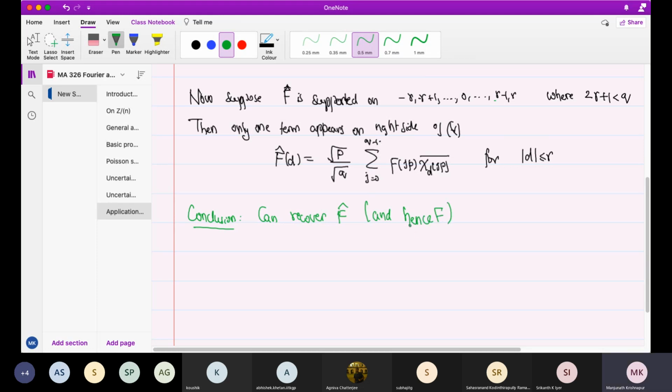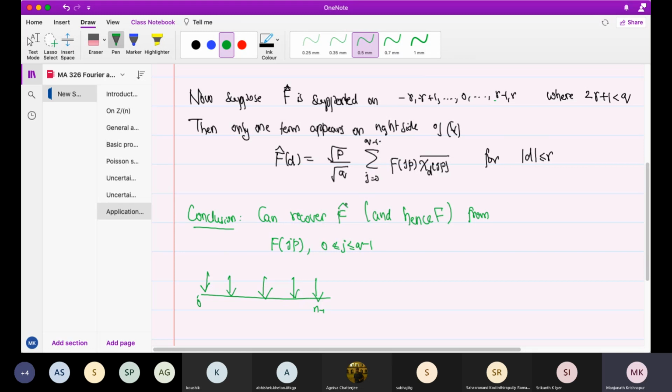If you recover f hat, you can recover f from f sampled at multiples of p. So this whole interval is there, 0 to n minus 1, you are sampling it only at multiples of p, but you can still recover the full signal.